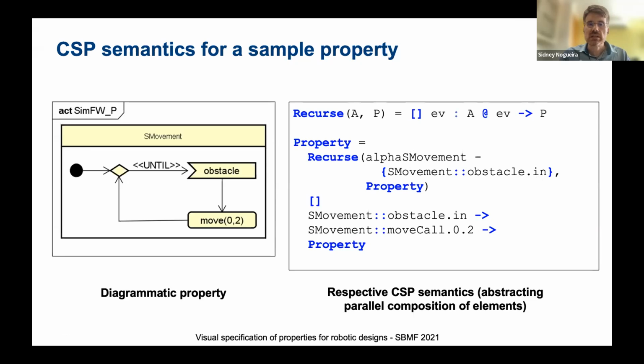So this process offers any event except obstacle, and also offers a choice with the obstacle event followed by a call to the move operation with parameters 0 and 2.